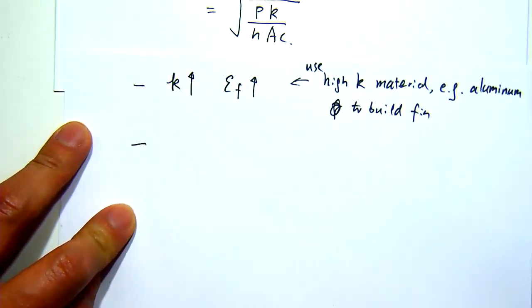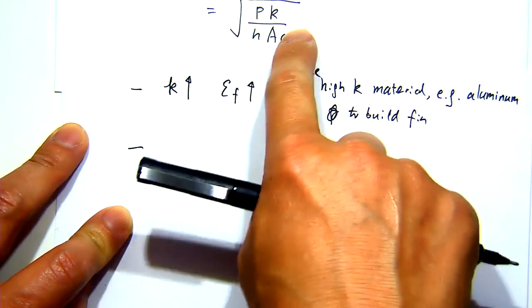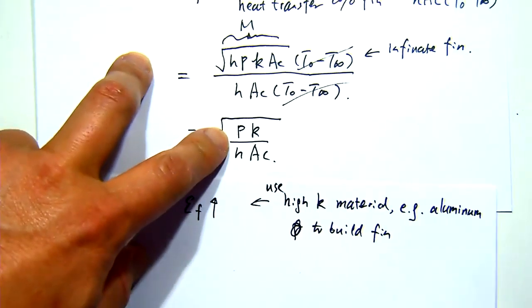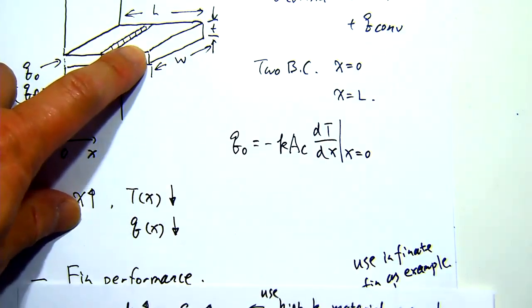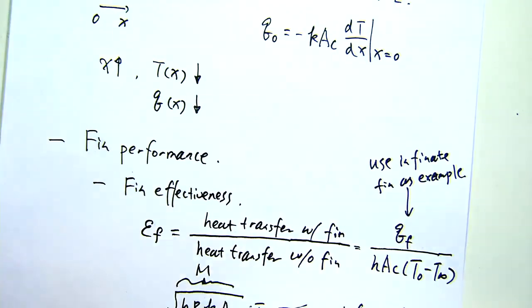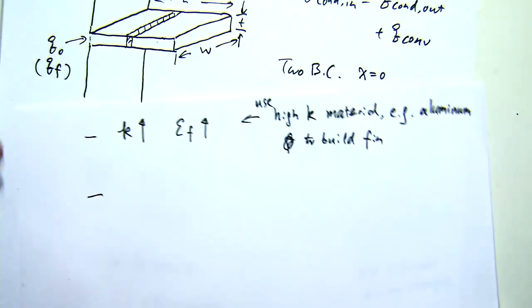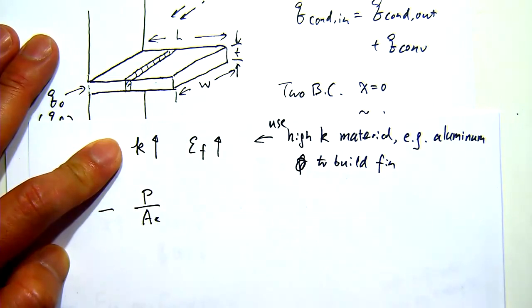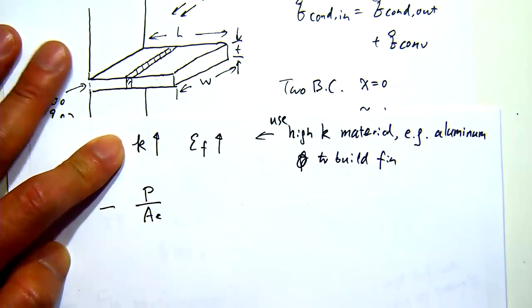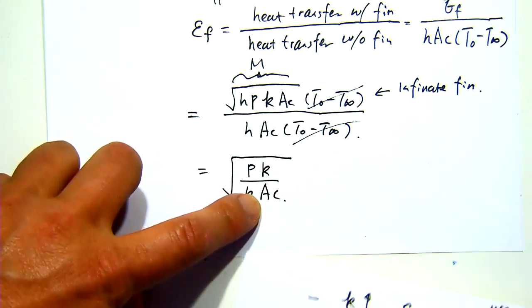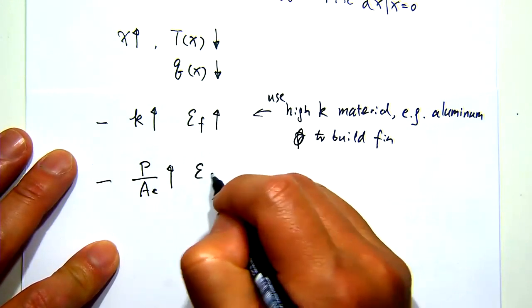So that's straightforward. The other is that we have two parameters related to the fin geometry. One is P, the perimeter of the fin, and A_c is the cross-section area of the fin. If we write P over A_c from the equation we derived, and this ratio goes up, the fin effectiveness will also go up.